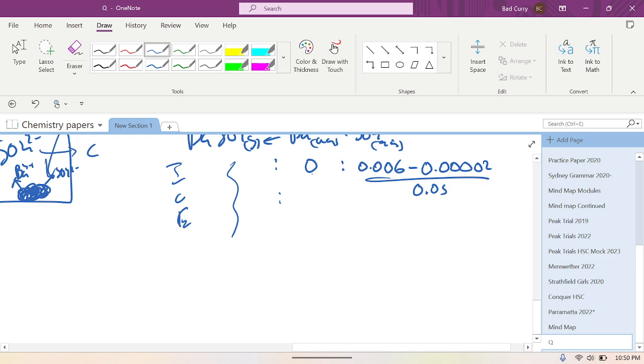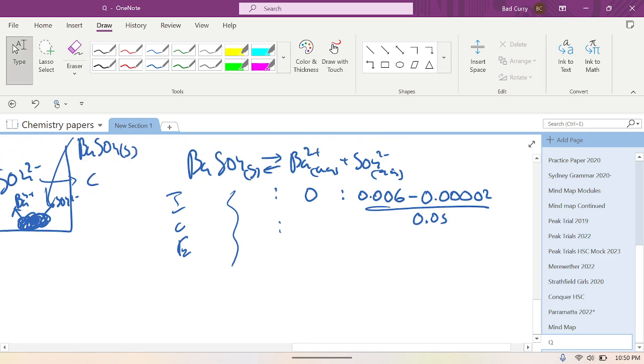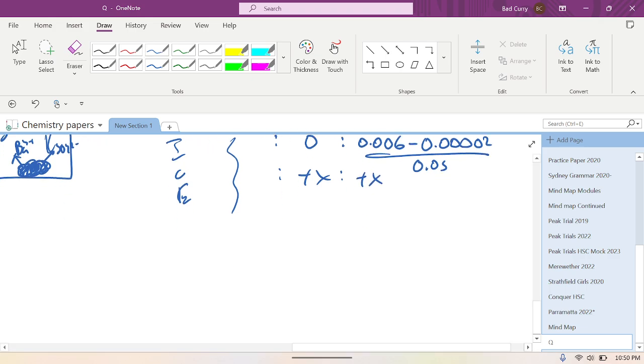Now, because there's zero of this, by Le Chatelier's principle, when you add the barium sulfate solid, it's still going to produce x. It's not going to be minus x. So it'll still be x, but this value is going to be lower. When you have this at the end, I'm pretty sure when I evaluated this in the previous video, it was 0.1196. So this whole thing is 0.1196.